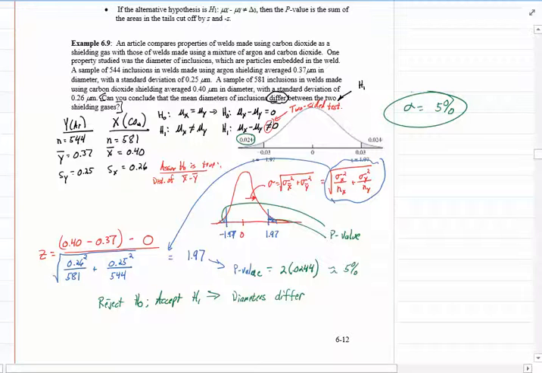How many times, with alpha at 5%, out of those 100 experiments are we going to reject the null hypothesis? 5 times. Everyone get that? 5 times, simply by random chance, we're going to get a z-value that's out there. And if we get a z-value that's out there, we are going to reject the null hypothesis. Everyone get that? Even though it's true.